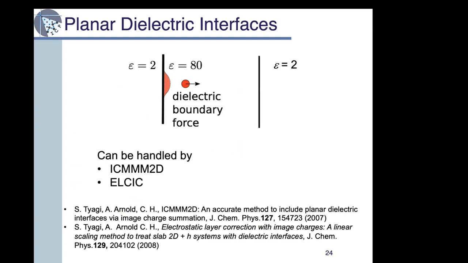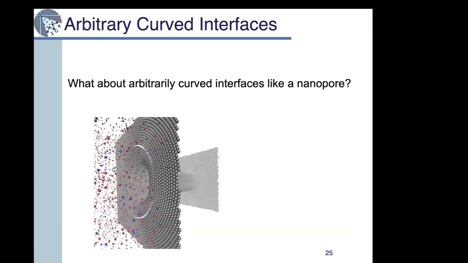Remember, we're no longer in 3D. This is an interface, so we have 2D periodic boundary conditions, and in this direction it's non-periodic. It's very, very fast for planar interfaces.